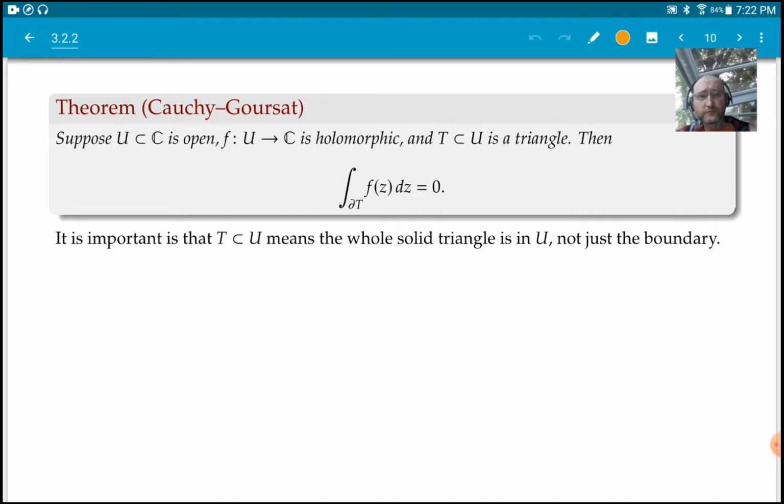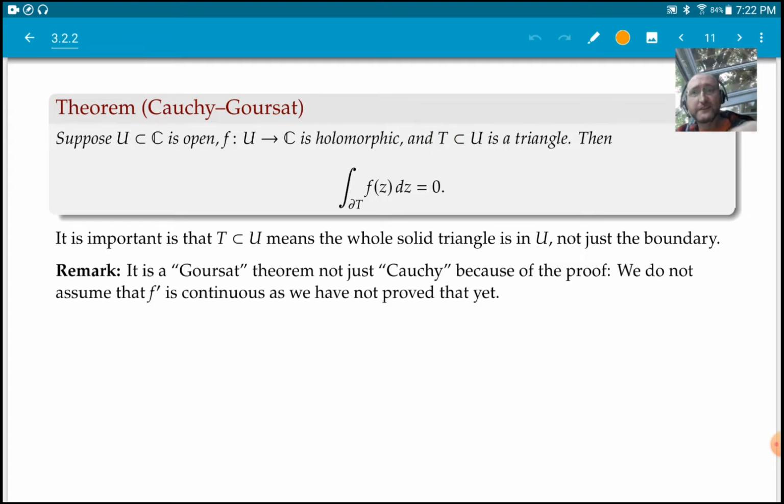So that's the theorem. Now here it is important that the entirety, not just the boundary of T, but the entirety is inside U. We're not supposed to go around any hole, right? So you cannot have a hole in U and then draw just the outside of the triangle around that. That's not a triangle that we're considering. We want the entire solid triangle inside U.